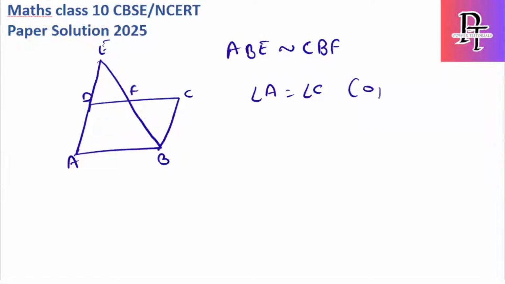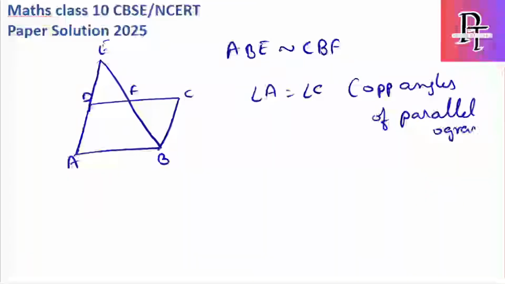Why? Because these are opposite angles of a parallelogram. So opposite angles of a parallelogram and opposite sides of a parallelogram are also equal. So first thing, angle A equal to angle C, we got it. So second thing, if you notice, angle E and angle B are equal, which are angle AEB is equal to angle FBC.